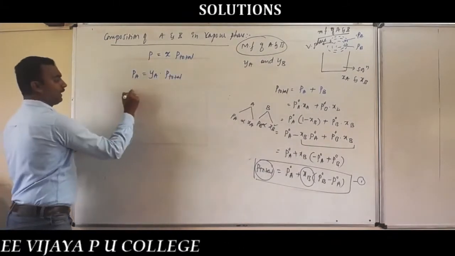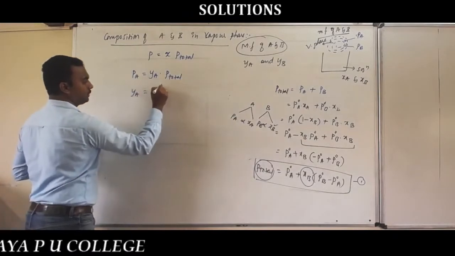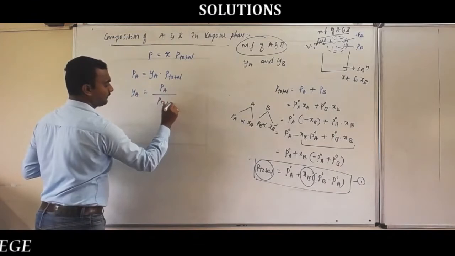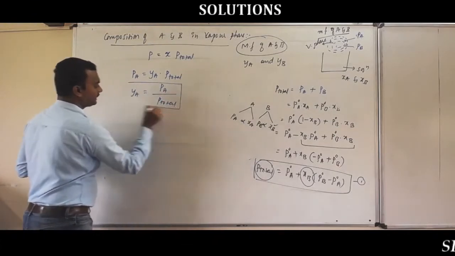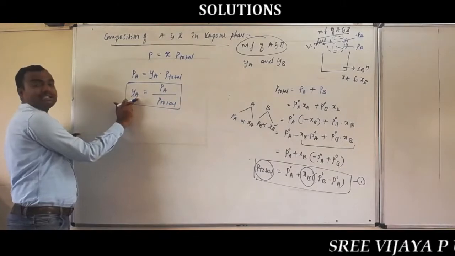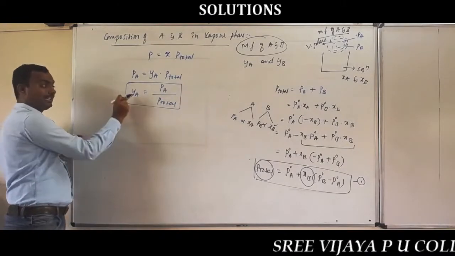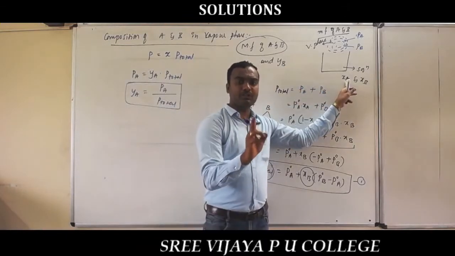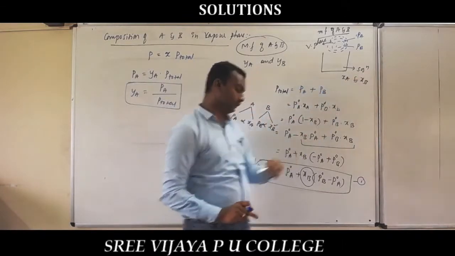That is, YA is equal to what can we write? The partial pressure of component A divided by P total. This is the equation used to calculate the mole fraction of component A in vapor phase. I take it as YA, while XA means the mole fraction of component A in solution phase.